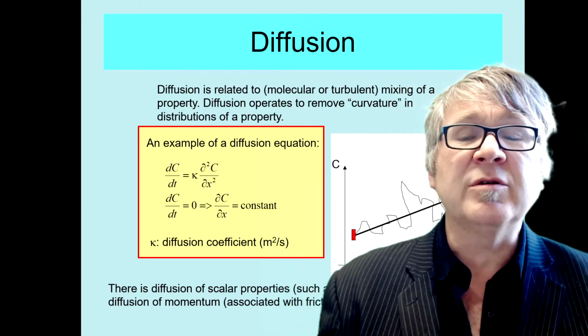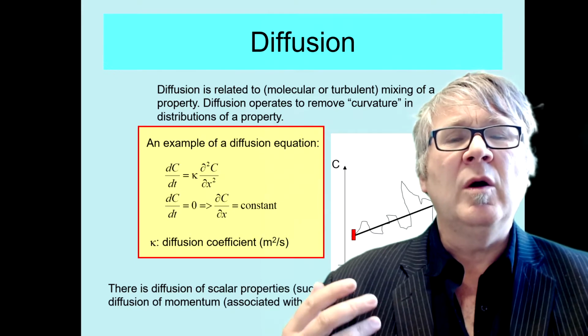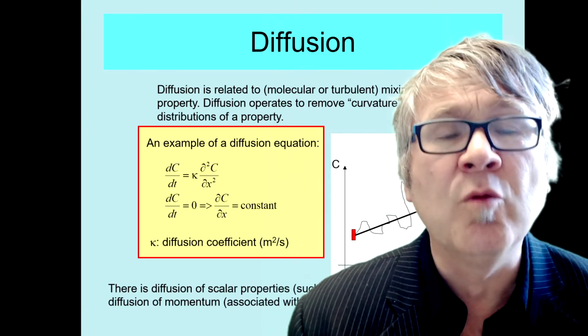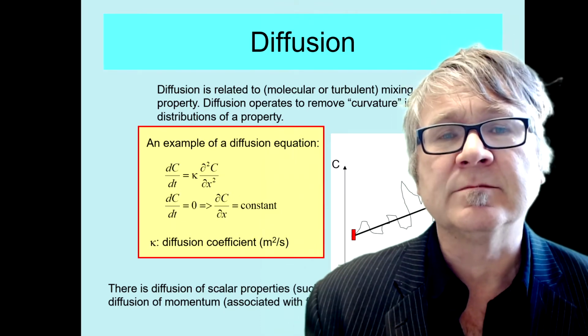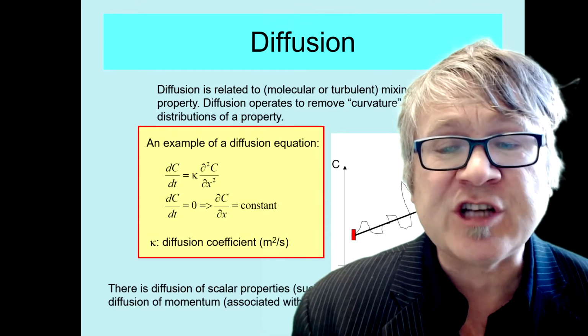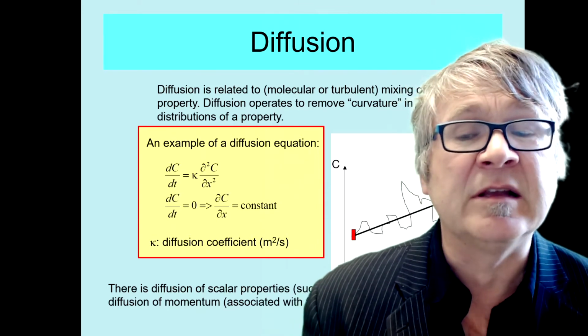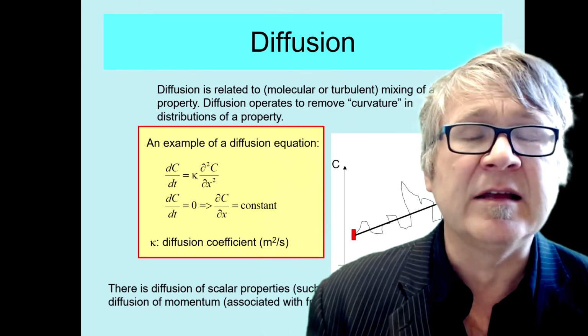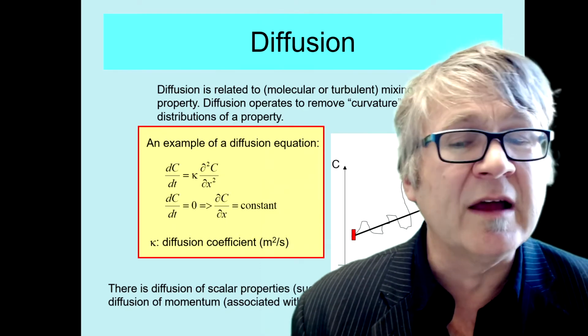And then you can also think about what you need to have in order to have no more change of the concentration. So no more temporal change of the concentration means the left-hand side is 0, which implies that the right-hand side has to be 0. When is the right-hand side 0?